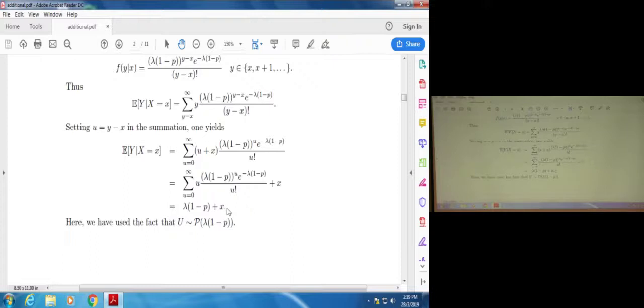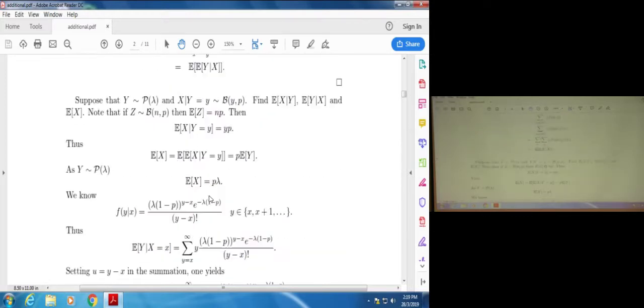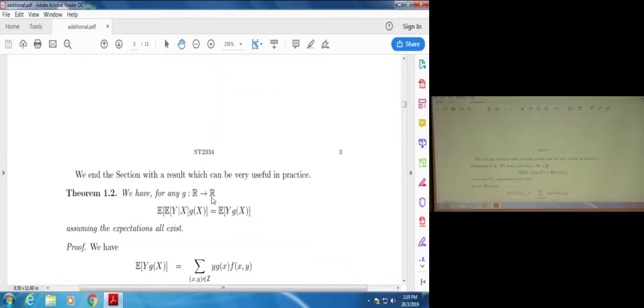So this is the conditional expectation of y given x. This is what I'm saying here: u is Poisson lambda times 1 minus p, simply because this is the mass function for a Poisson with parameter lambda times 1 minus p. So the key point is that you can calculate all these things relatively straightforwardly.